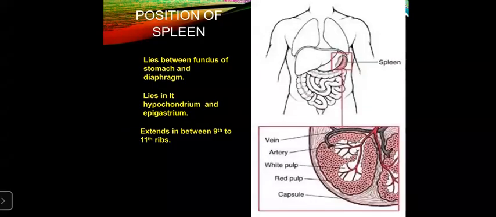The position of the spleen in detail: it lies between the fundus of the stomach and the diaphragm, in the hypochondrium and epigastrium, and extends between the 9th and 11th ribs.